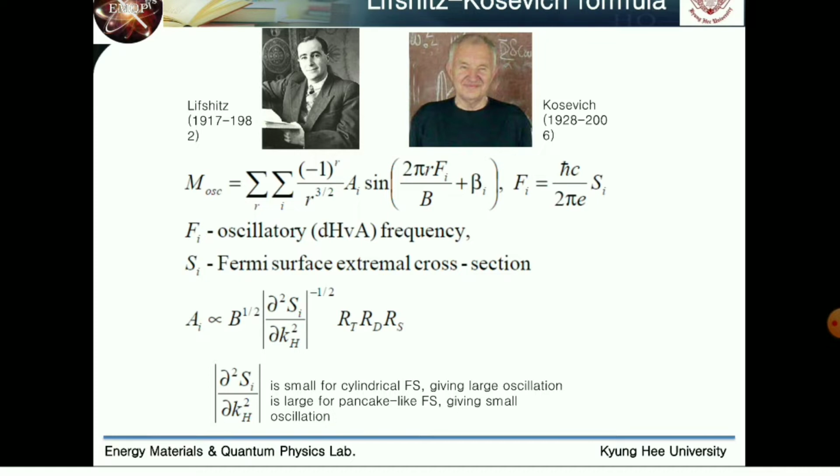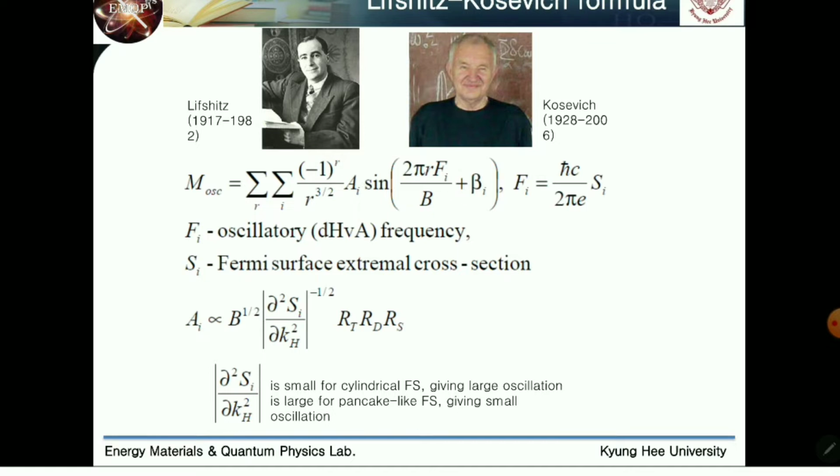By measuring the quantum oscillation of magnetization, the magnetization is represented like this. The first factor is the oscillation amplitude, and A is the oscillation amplitude. In the sine factor, 2 pi F means that F is the oscillation frequency, the de Haas-van Alphen frequency, and beta is the phase factor.